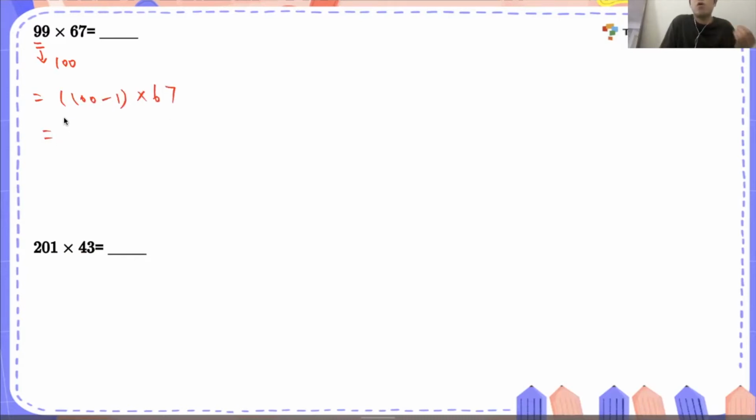And we just remove this bracket. 100 times 67 minus 1 times 67. Okay, 6,700 take away 67. That is 6,633, right?